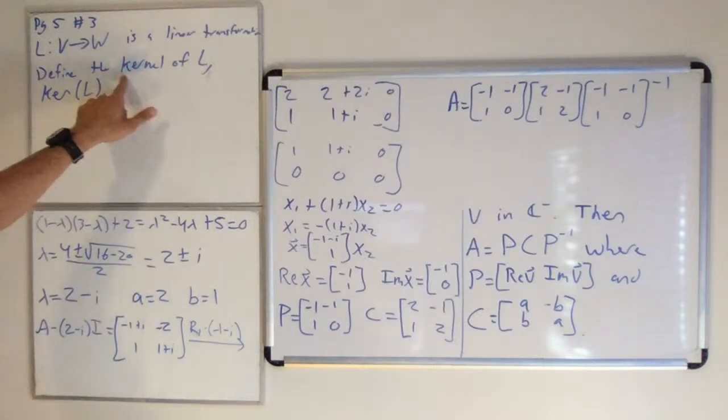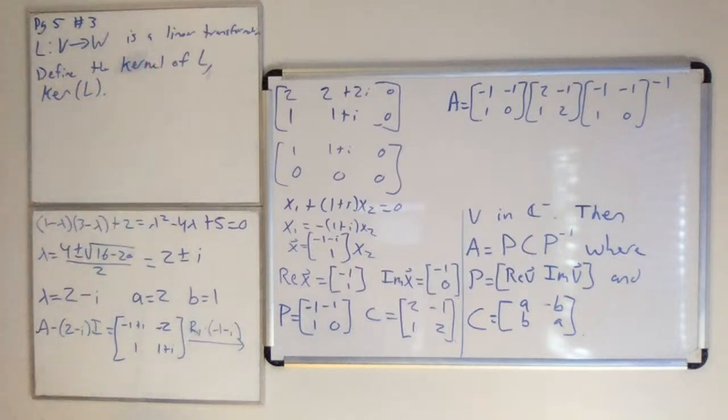Does anybody remember what the kernel of a linear transformation is? And then question 4 will be actually using this definition.